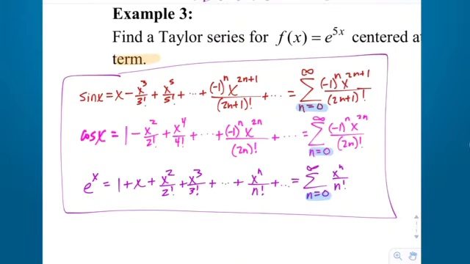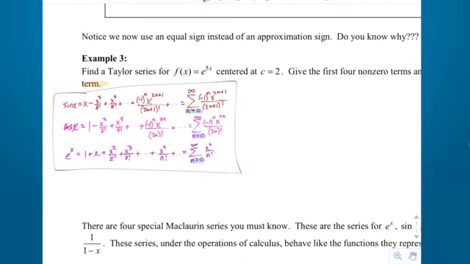Okay, so now to get on to example 3, it says find a Taylor series for f of x equals e to the 5x centered at 2. All right, so that's going to be a little bit more interesting because these are centered at 0. So let's see if I can just replace x with x minus 2, and let's see if it would work out.